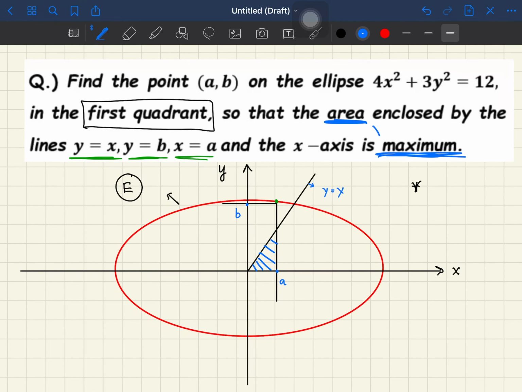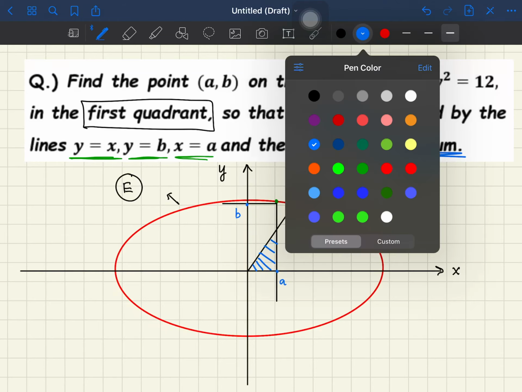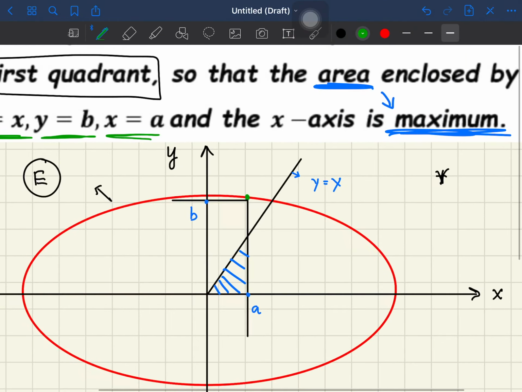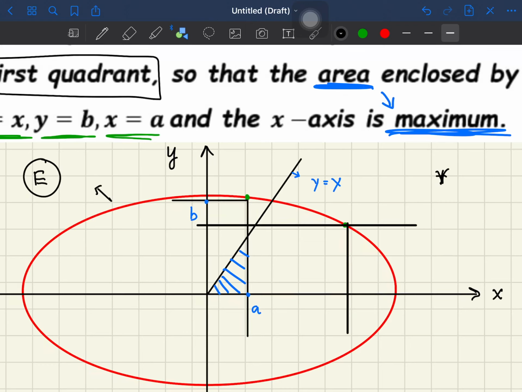Okay, area maximum. So are you sure that this blue region is maximum? How about we consider this point here, and then you draw the lines again. In this case, we're going to draw across here, and then across a bit there.